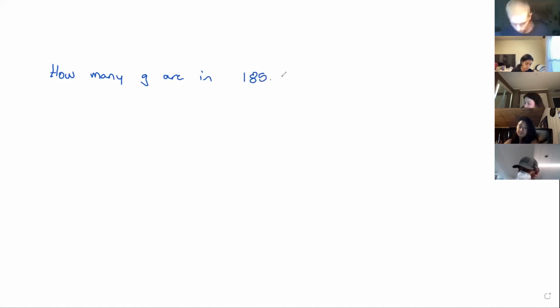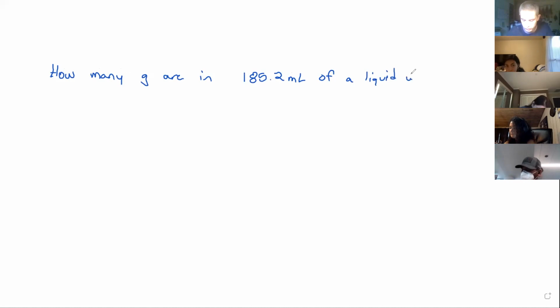How many grams are in 185.2 milliliters of a liquid with a density of 8.47, it's a really dense liquid, grams per milliliter?